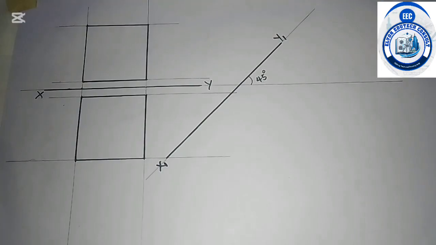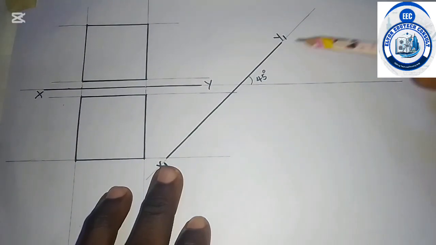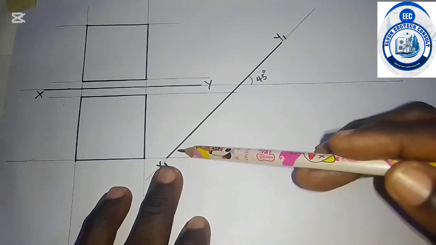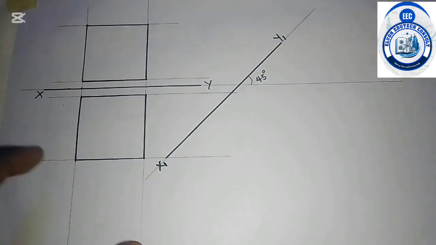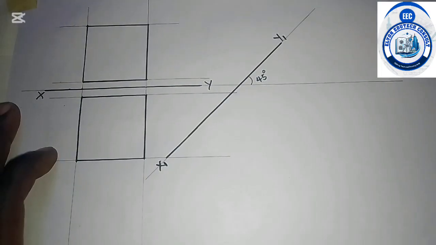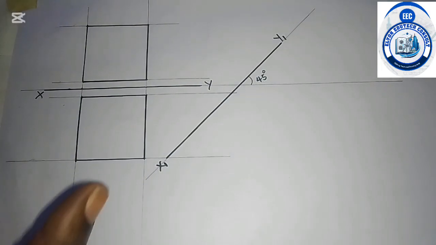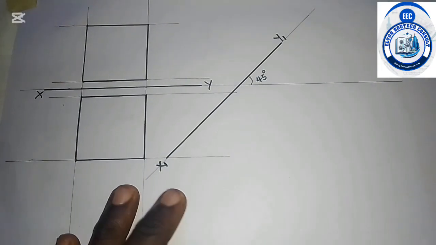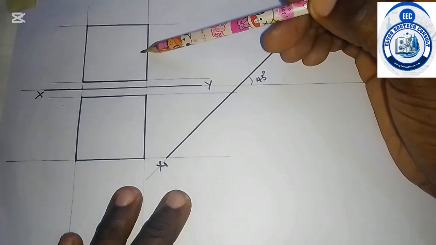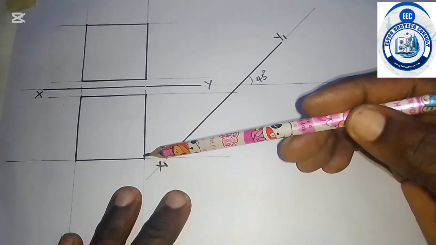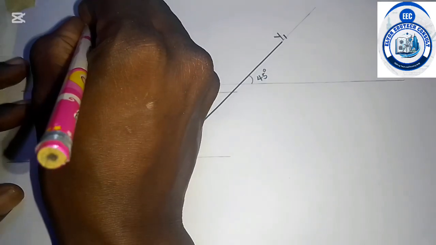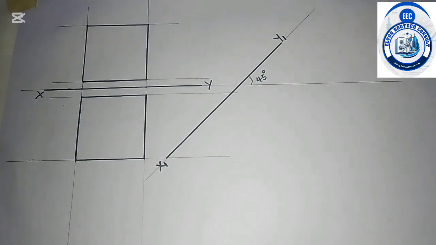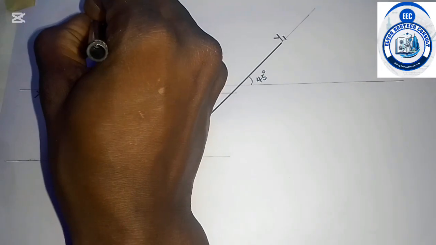So I need not worry about that. By the giving of this line, this tells us that this is first angle orthographic projection, and if it is first angle orthographic projection arrangement, it means this is the elevation and this is our plan. So this is our elevation. So let me put it there as elevation.